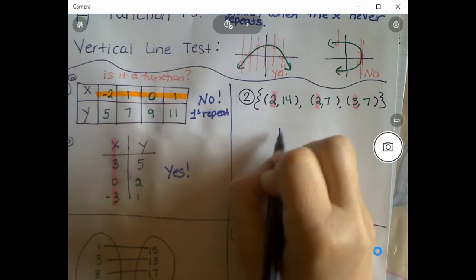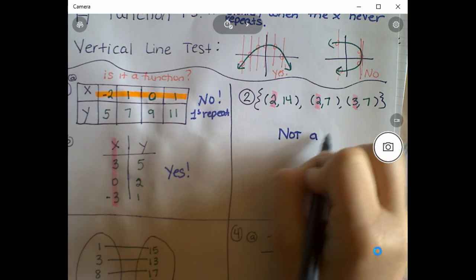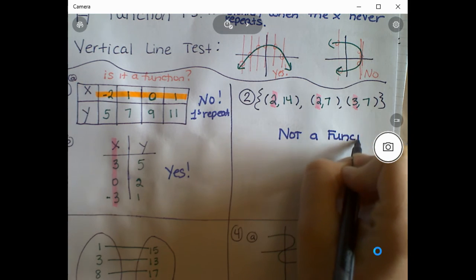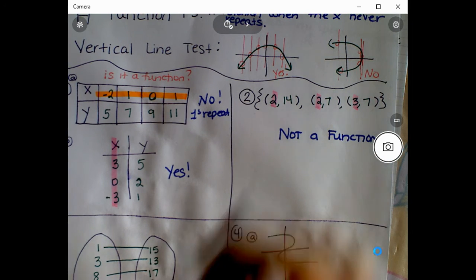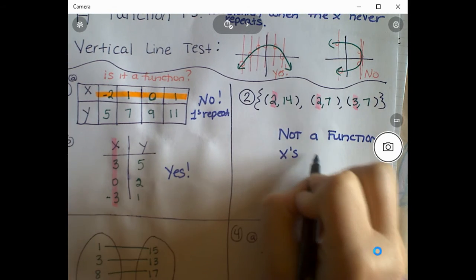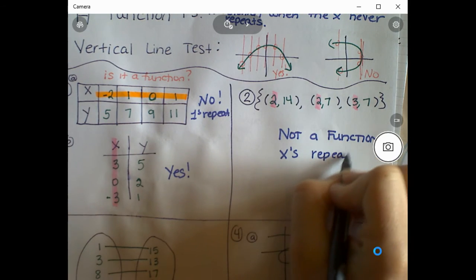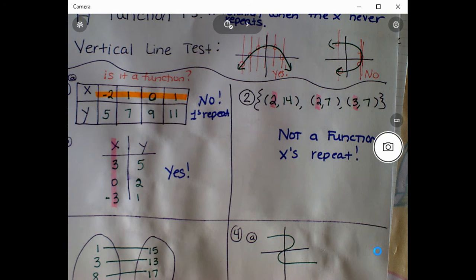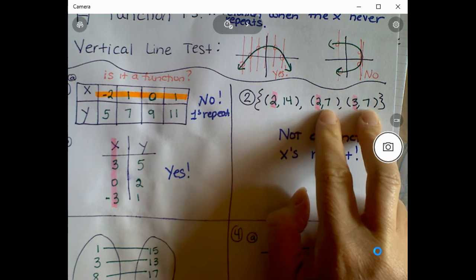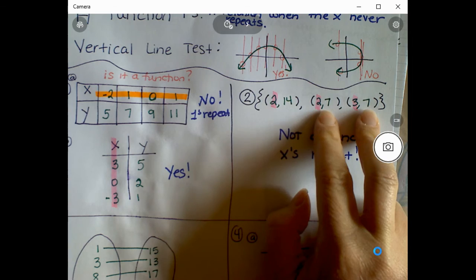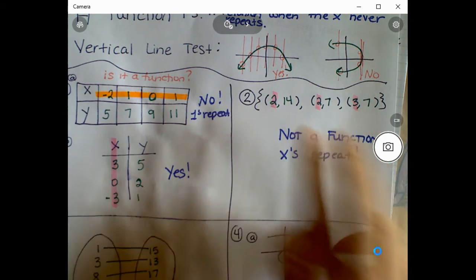So this is not a function, because we have x's repeat. Now something just to point out. Do you see in the range, the y values, we have 2 7s? That does not matter. We are not concerned about the y values, only the x's.